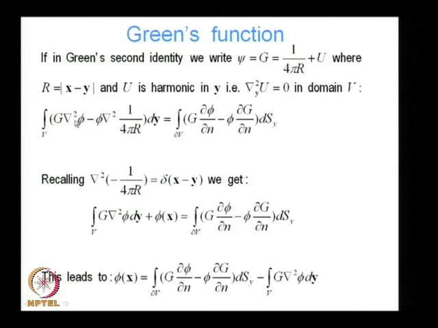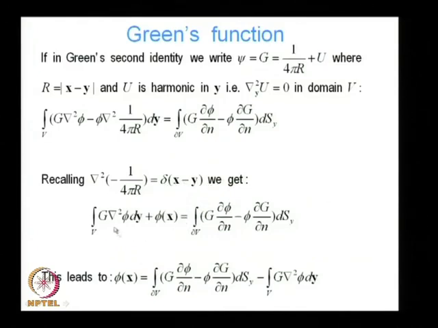So, g Laplacian of phi minus phi Laplacian of psi, Laplacian of u is going to give me 0, I have Laplacian of 1 by 4 pi r. And then we recall that Laplacian of minus 1 by 4 pi r is equal to my Dirac delta function with argument x minus y.